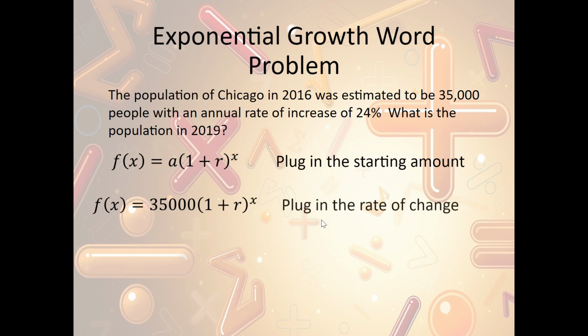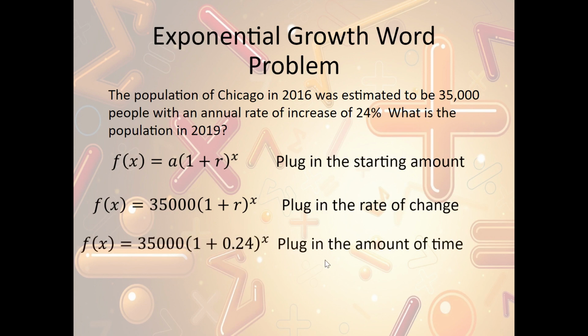Then we're going to plug in our rate of change. Well, we can see that it changes by 24%. We need to write 24% as a decimal. So this is really 24.0%, right? So we're going to move the decimal back 2 places: 1, 2. So it should change to be 0.24. And then lastly, we're going to plug in the amount of time.